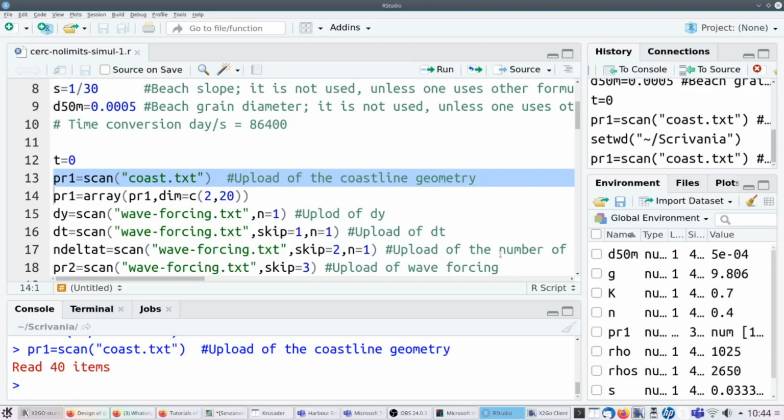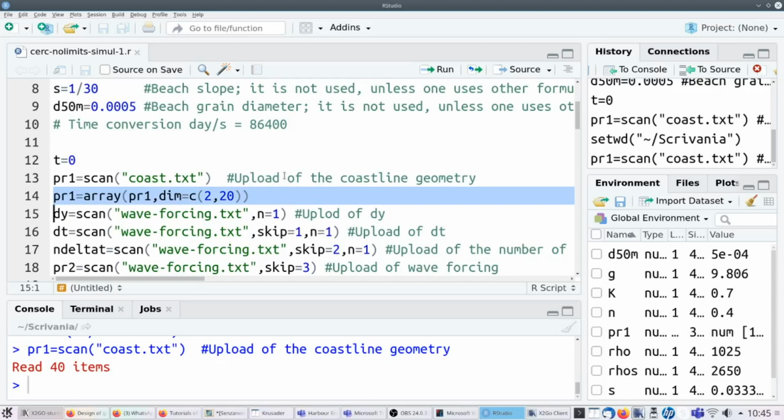It scanned the file, and then there are the instructions here to divide the two columns in the file. You remember that the file had two columns, one with the dy and one with the dx.